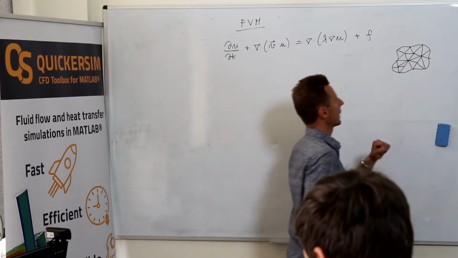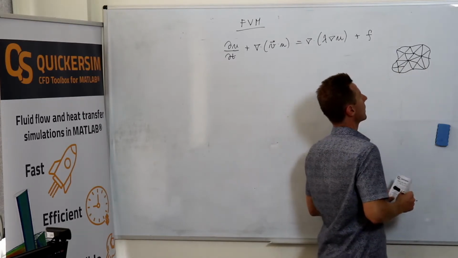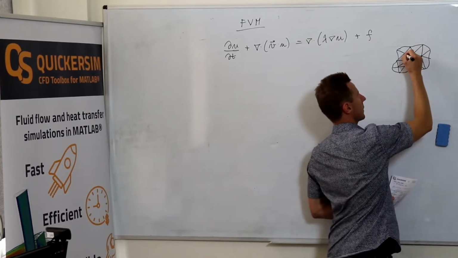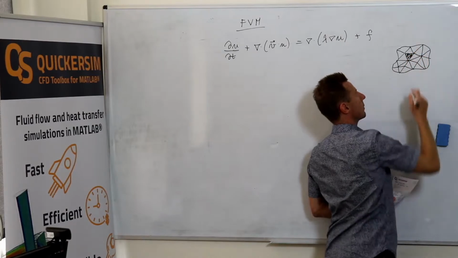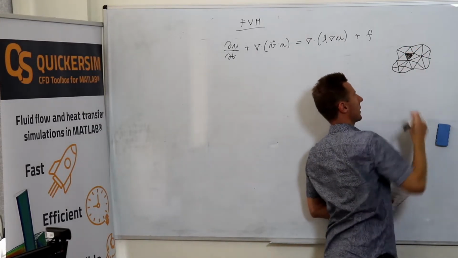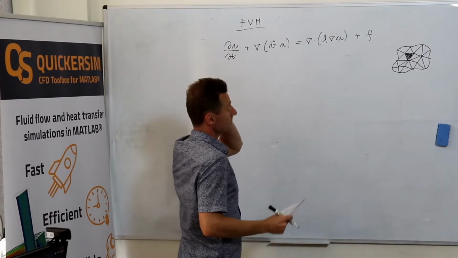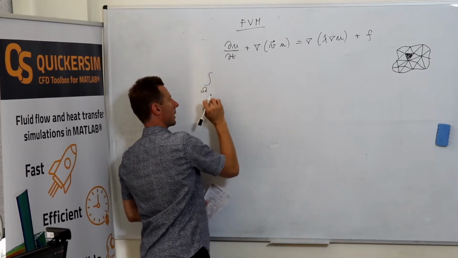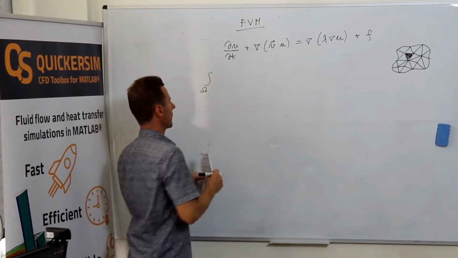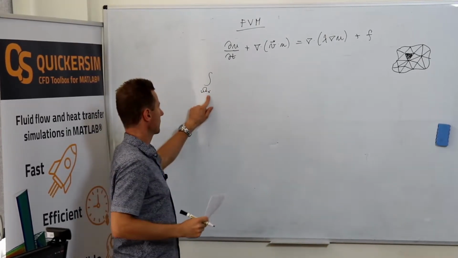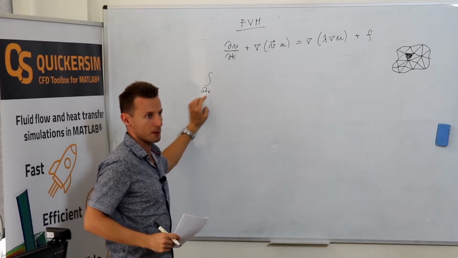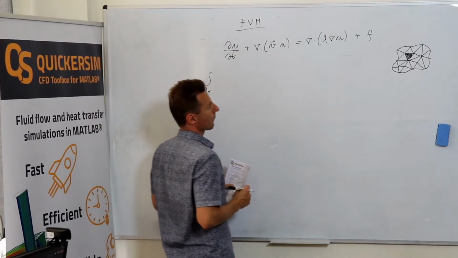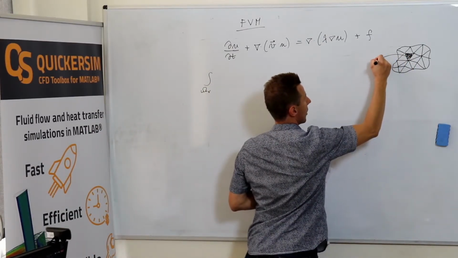Whatever the domain you have, you subdivide it into finite volumes. And we will be writing integrals over just one finite volume. So we are integrating the equation over omega, and it's not omega of the whole domain, it's omega v. Let me denote omega v as the subdomain of one finite volume.